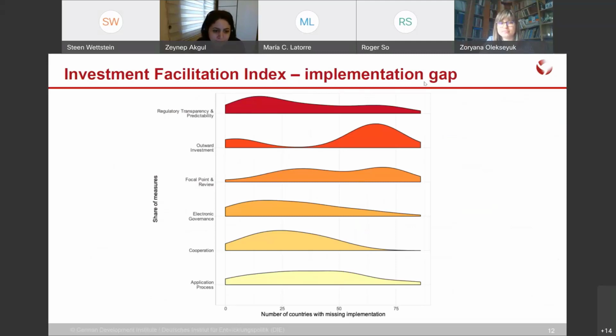Here is, I think, also a very interesting picture. That's the distribution of implementation gap by policy area. So you can see here, for example, for transparency and predictability, for electronic governance, cooperation, application process, that we have few countries with lots of unimplemented measures, right?